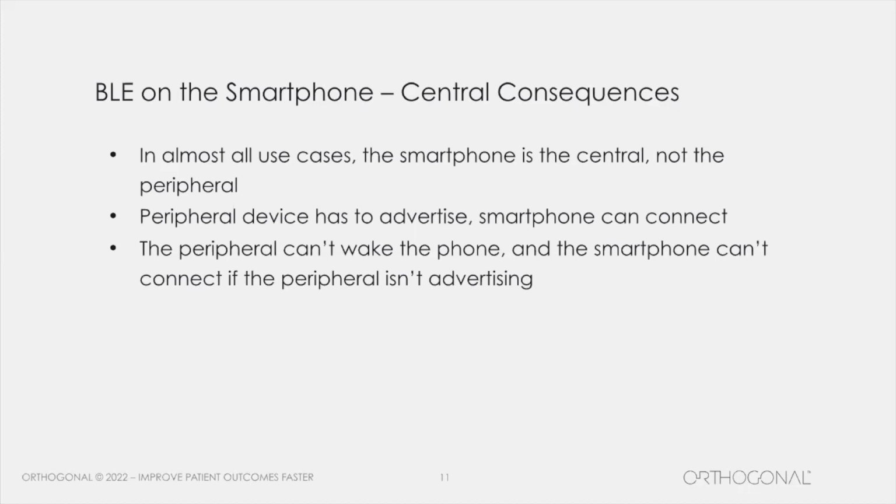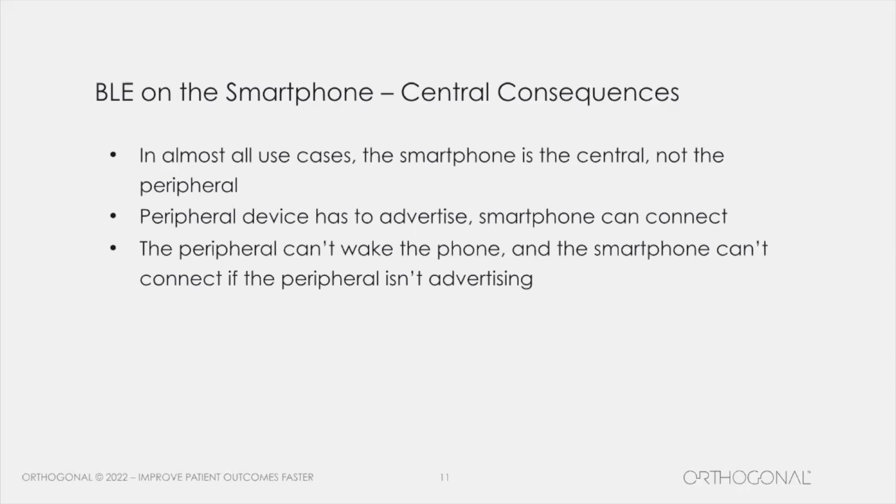Or if I am connecting to a CGM, or if I'm changing settings on a nerve stimulator. There are some exceptions, which we can talk about in another webinar, but almost all of them that are cleared by the FDA end up being smartphone as central, not as peripheral. So the peripheral device has to advertise, and then the smartphone can connect to that.